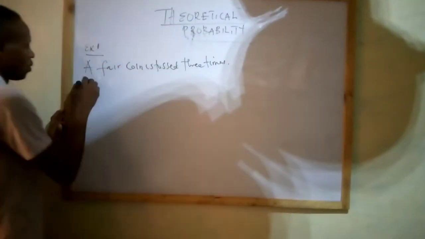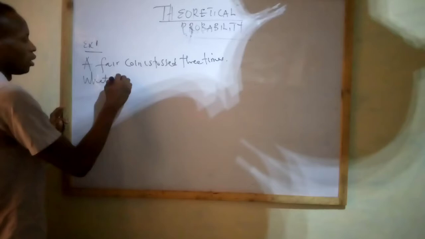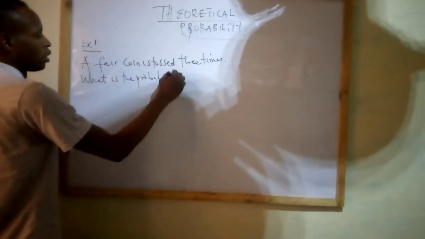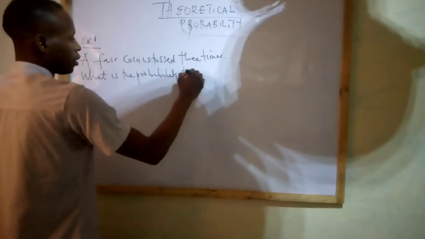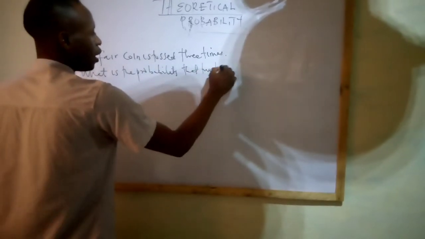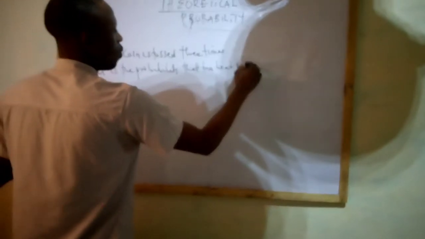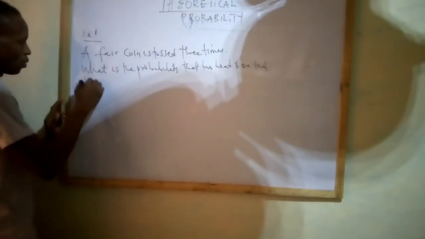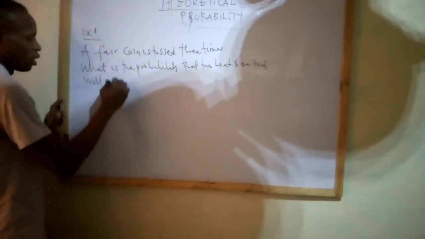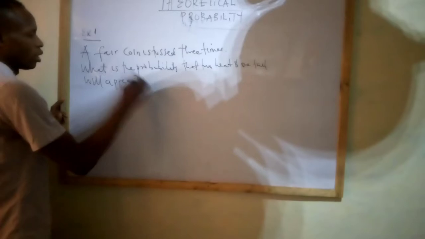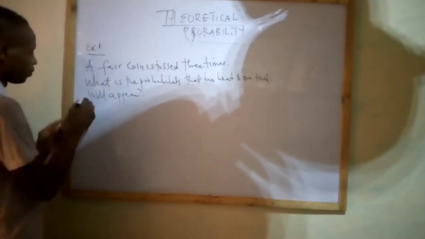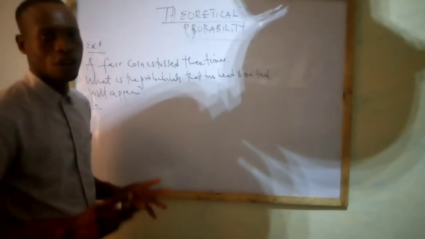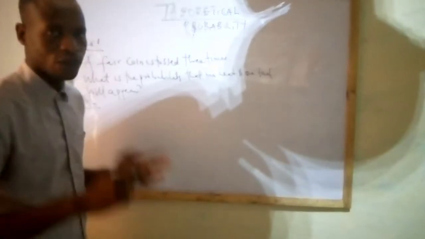What is the probability that two heads and one tail will appear? Okay, now solution. For a coin, we all know that a coin has two sides, either head or tail.